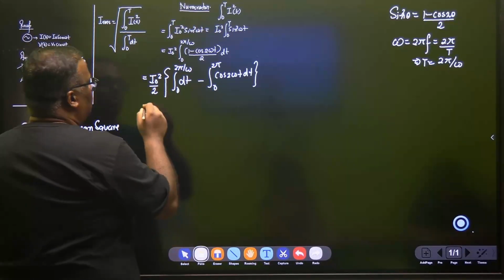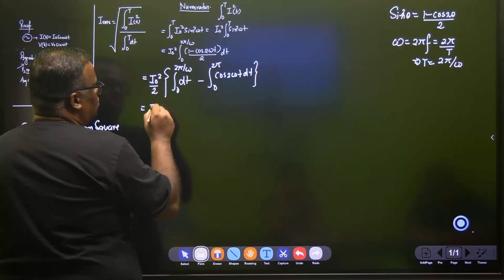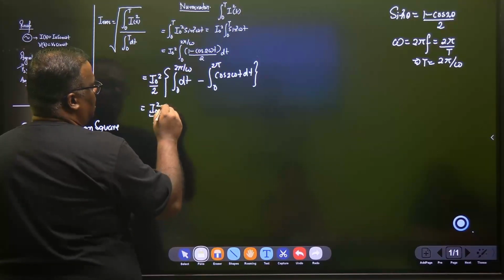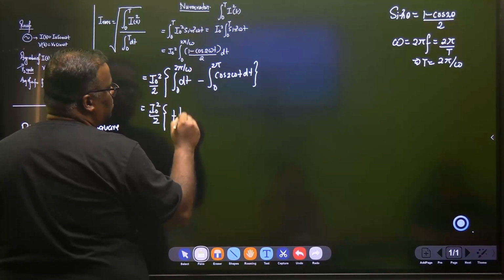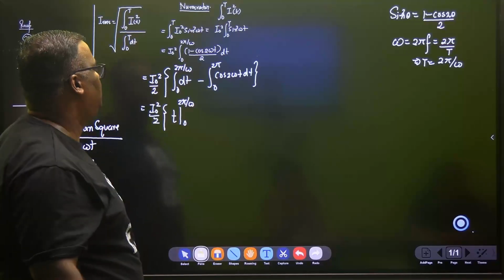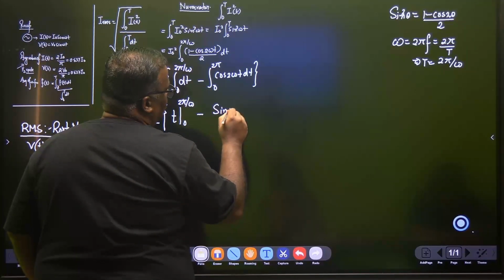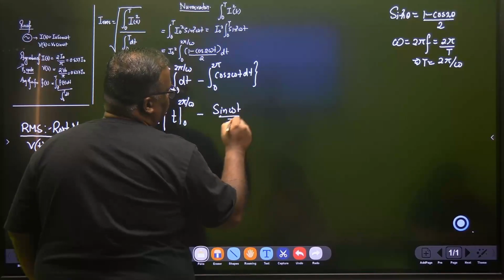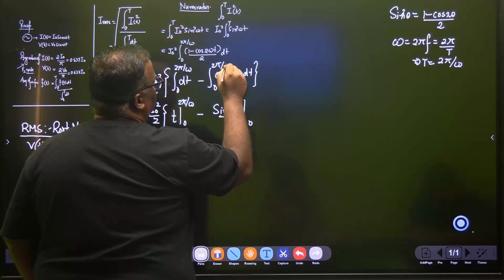This can be now further deduced as I naught square by 2. All right, dt's integral will be t, and t is from 0 to 2 pi by omega. Fine. And here it will be minus sine 2 omega t by 2, 0 to 2 pi by omega.